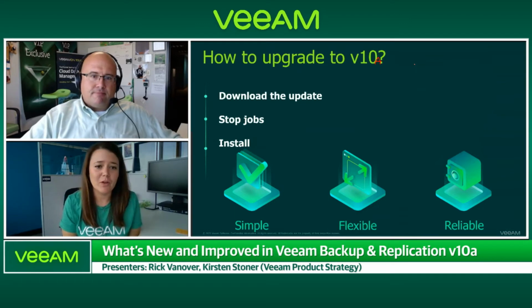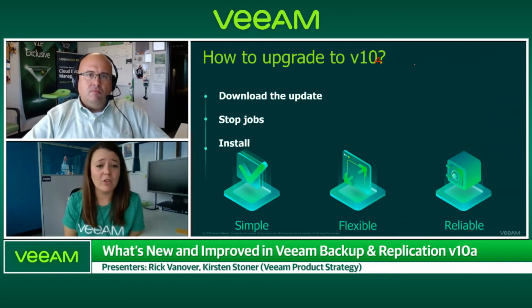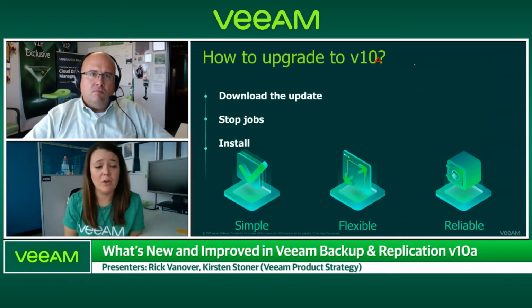I would suggest first going to helpcenter.veeam.com, especially if you're worried about what version of Veeam you're running and if the new upgrade will support that, and also checking out the other platform supports. Maybe you are using something like Veeam Availability for Nutanix and you're concerned the upgrade isn't going to support that.